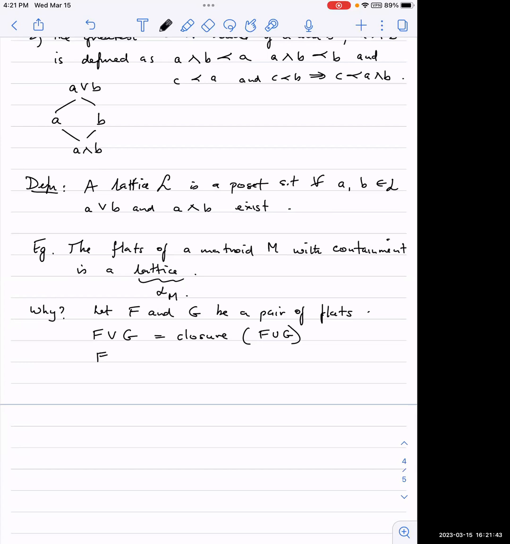And F meet G is F intersection G, and that's by flat axiom 2 a flat.